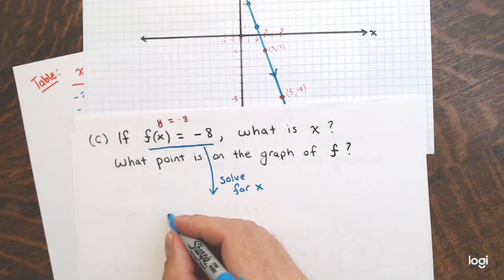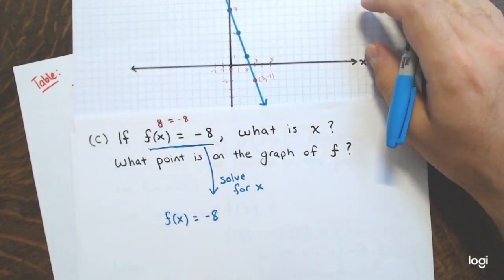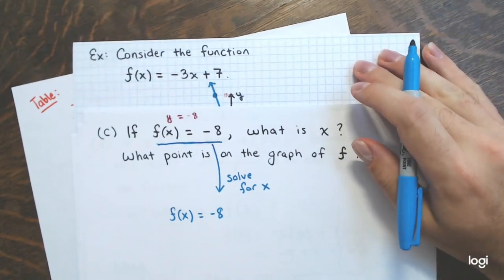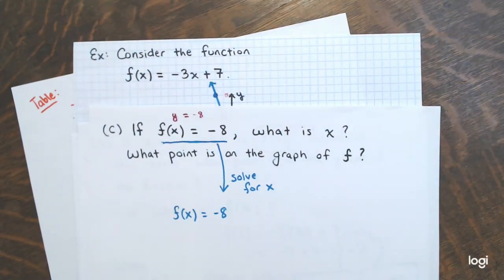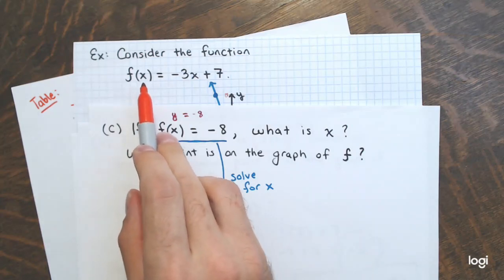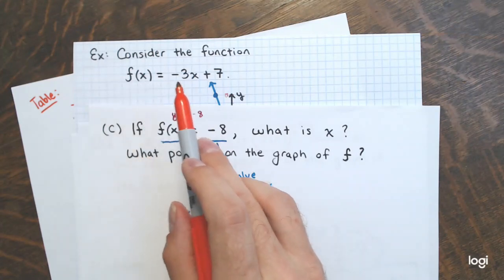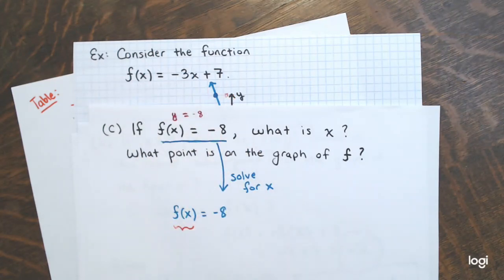When you're saying that f of x equals negative 8, that is an equation. What was f of x? The value of f at x is given by this expression right here. The value of f at x is negative 3 times x plus 7.